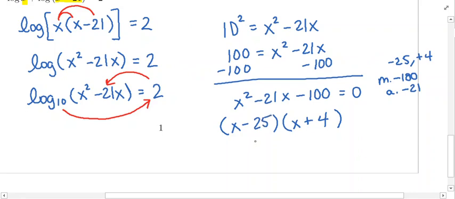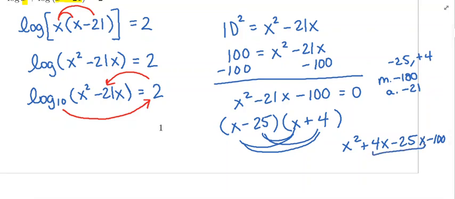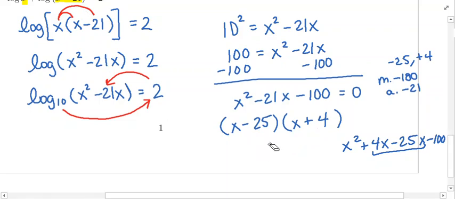If you check yourself, you'll get x squared plus 4x minus 25x and then minus 100. These two middle terms do combine to be negative 21x. So that's how this factors into x minus 25 and x plus 4.